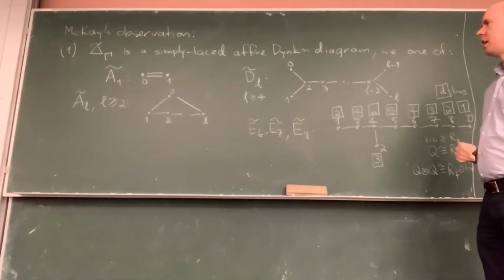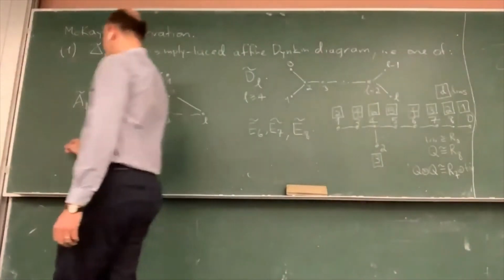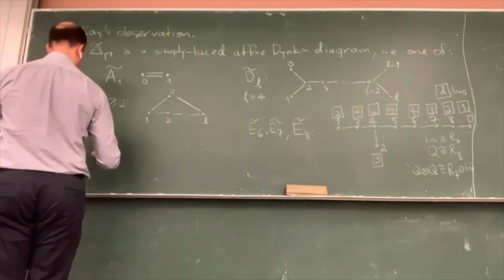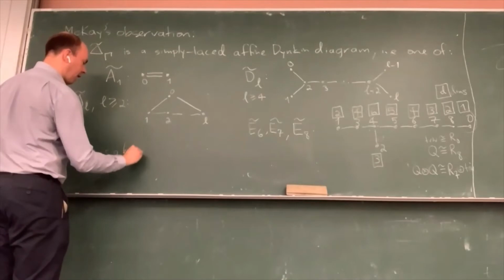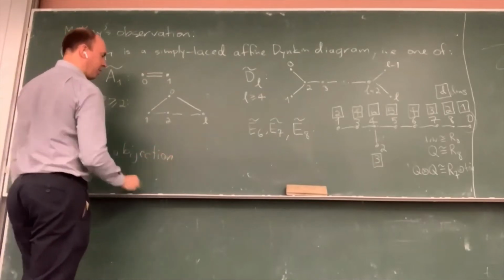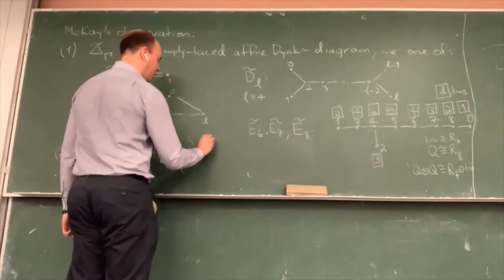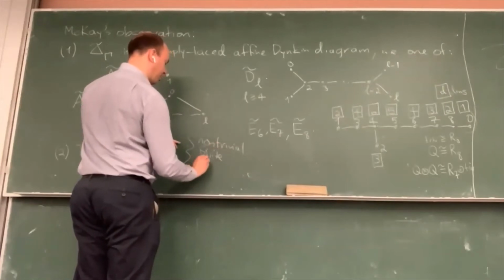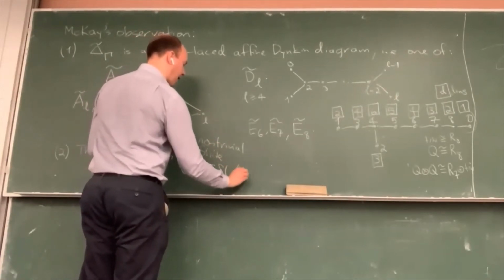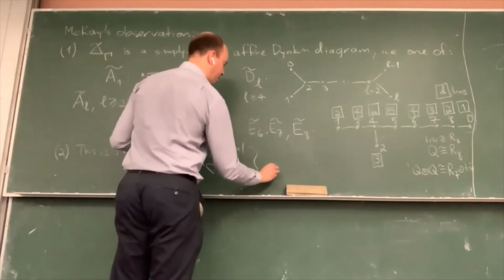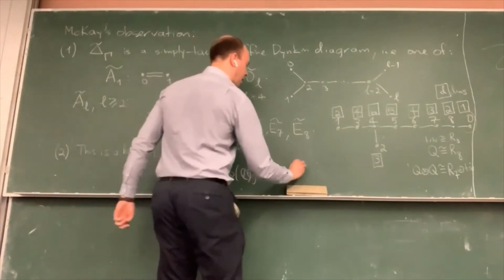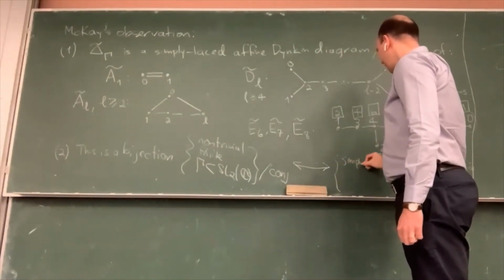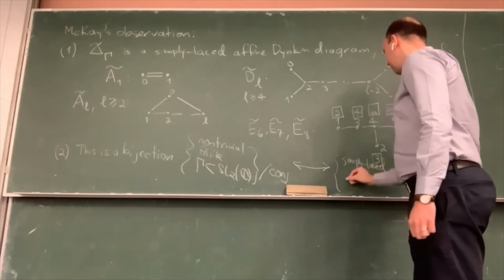So the first part of McKay's observation is not tremendously surprising if you know that graph theoretic interpretation of these graphs. But what's really quite remarkable is that this is actually a correspondence, that it gives you a bijection from the set of non-trivial finite subgroups of SL2 taken up to conjugacy, and the set of simply laced affine Dynkin diagrams.